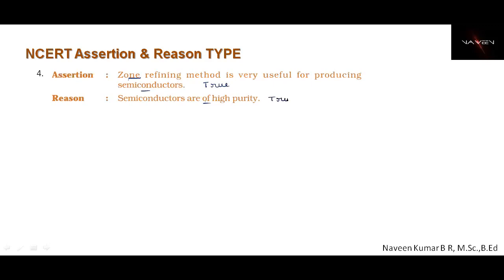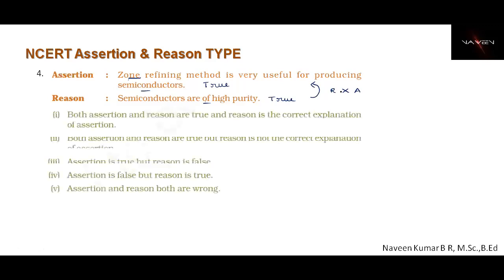Semiconductors will be with high purity, intrinsic semiconductors. Now, is this reason relating to the assertion? If we analyze, again, both are separately true statements, but R is not the correct explanation of assertion. So from the given options, the correct option is option 2.